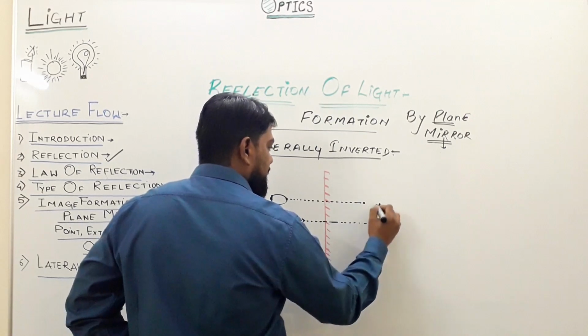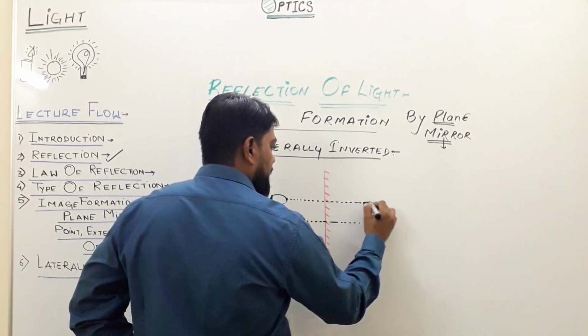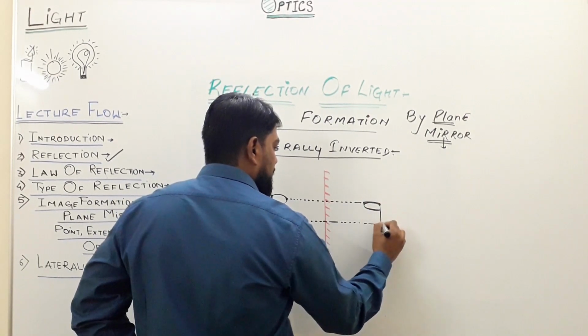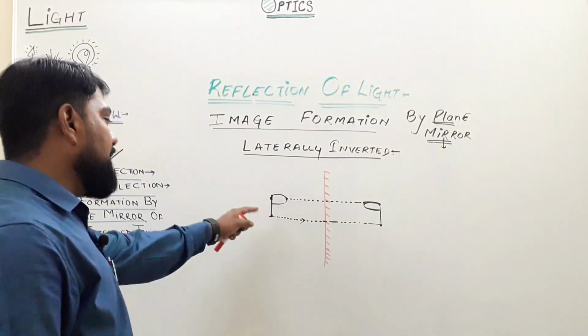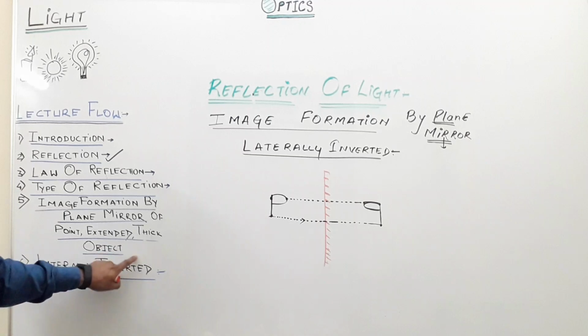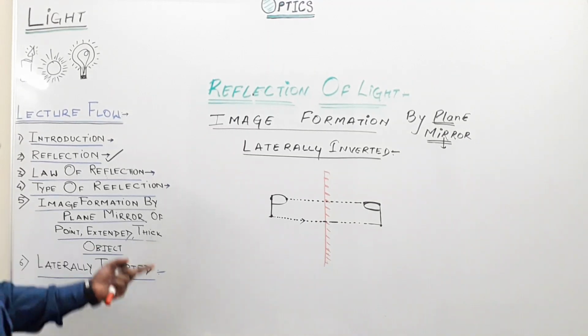We join these points, and we see that the letter P is laterally inverted. This happens in the case of a thick object.